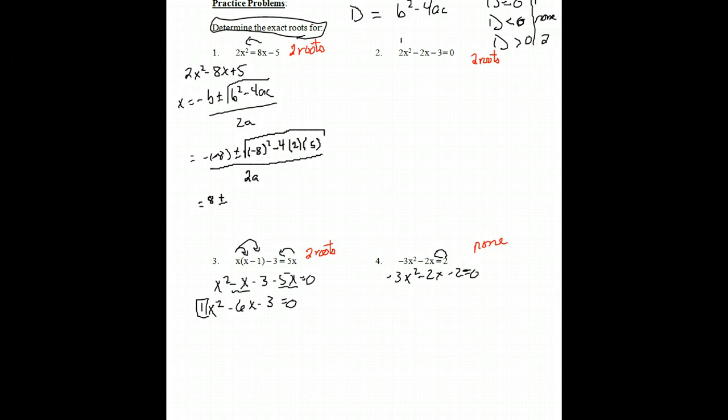So 8 plus or minus the square root of 64 subtract 20, all over 2a. I'll just carry that over here. Oops, not 2a, it's 2 times 2.